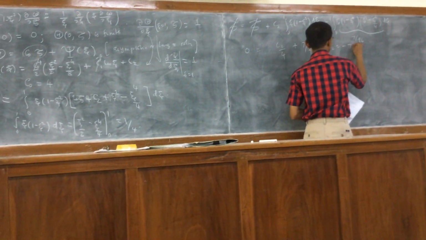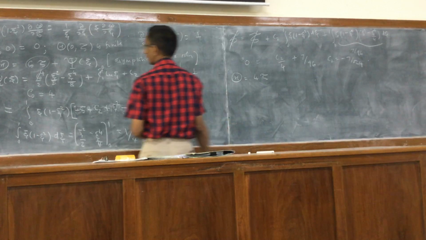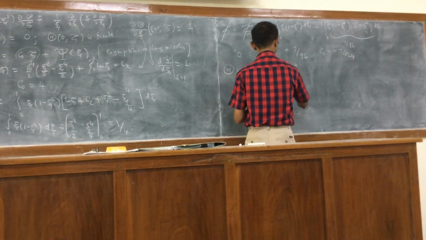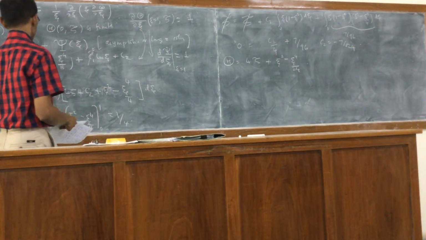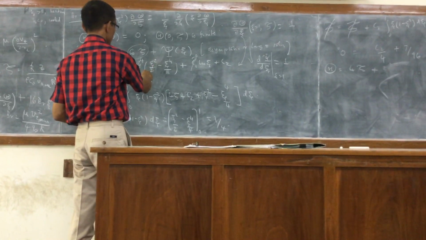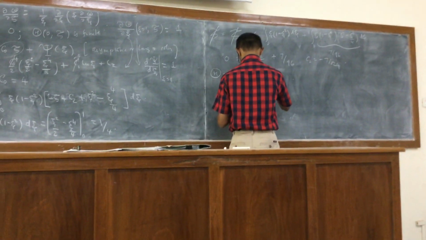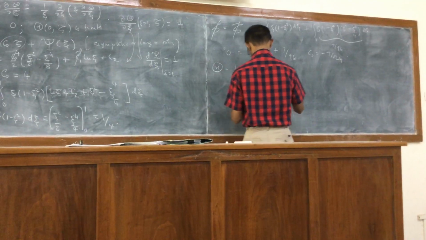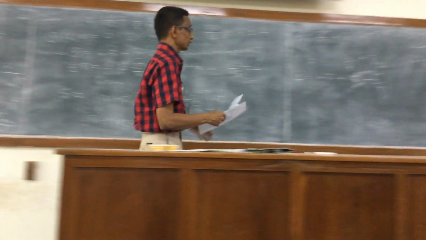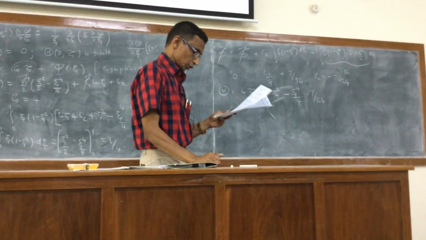So C2 will be equal to minus 7 over 24, and so I can write the final solution as equal to 4 times theta plus psi squared minus psi power 4 by 4, plus C2, which is minus 7 over 24, seems to be what is the correct solution.